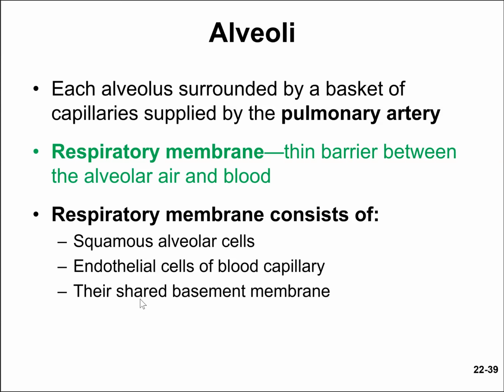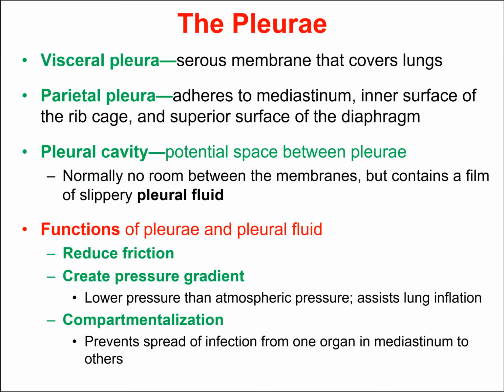So the respiratory system itself is covered by a serous membrane, which you call the pleura, enclosing the pleural cavity. The visceral pleura is the membrane that covers the lungs and is attached to the lungs. The parietal pleura is the layer on the inner surface of the rib cage and the diaphragm.